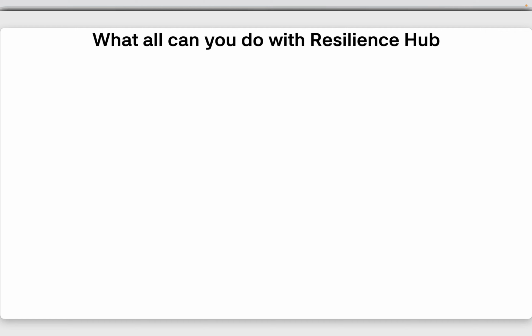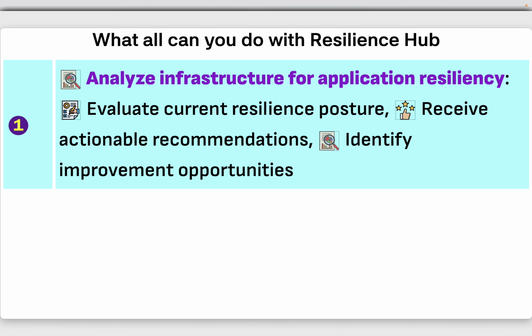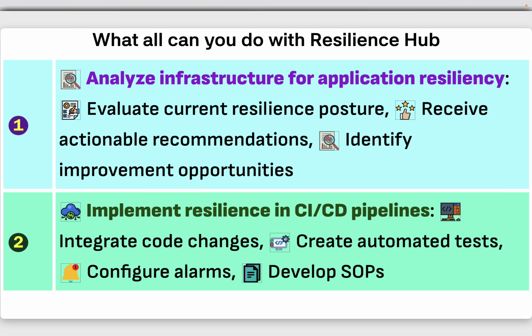So what all can you do with Resilience Hub? First, you can analyze infrastructure for application resiliency improvements and receive actionable recommendations. You can implement code, tests, alarms, and standard operating procedures in CI/CD pipelines to meet resiliency policies.